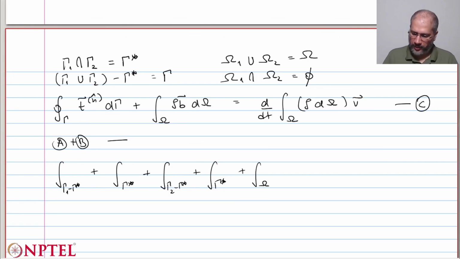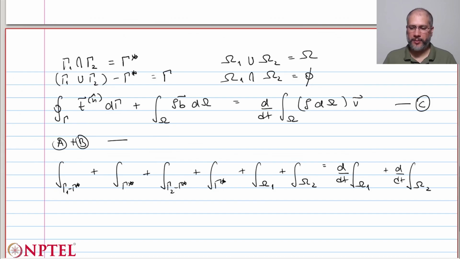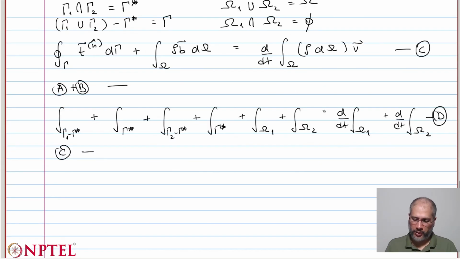And then we have volume integrals, so I'll write them as omega 1 and omega 2, and this is equal to d by dt of the volume integral that we had in equation A and the d by dt of the volume integral that we had in equation B. So let's call this equation D. And similarly, just to represent them in a similar fashion, I write equation C as follows.